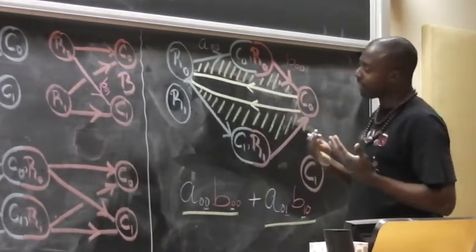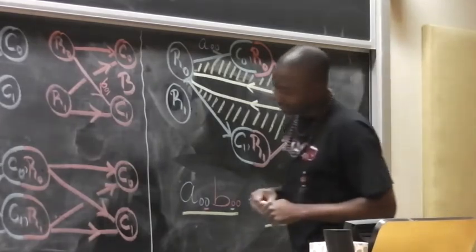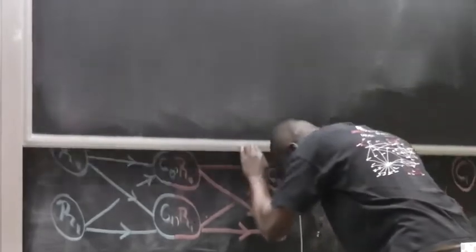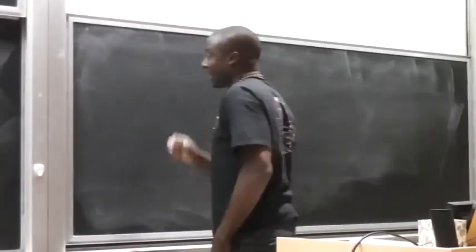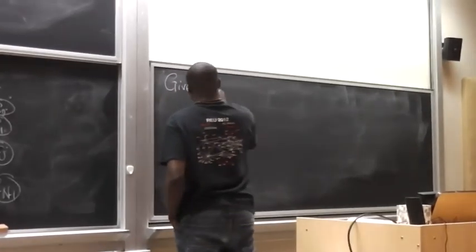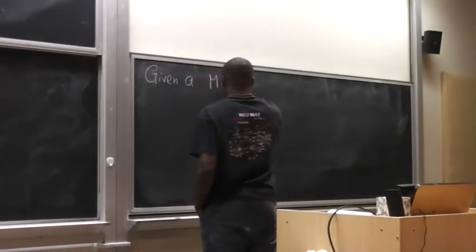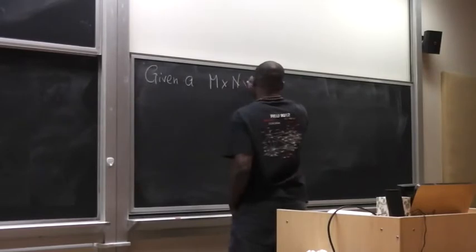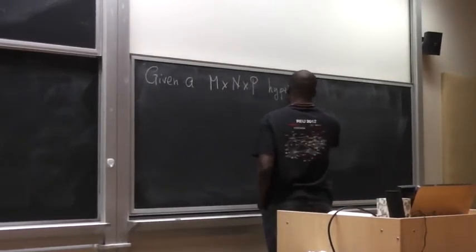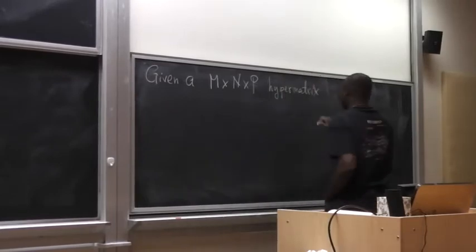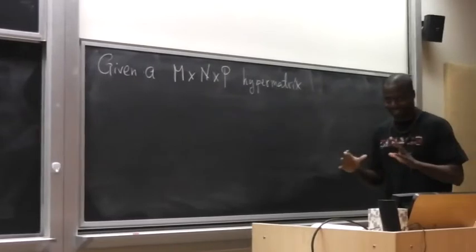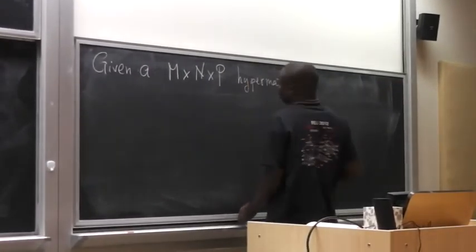So if we wanted to define a Koenig directed graph for a hypermatrix, here's what we would do. Given an M by N by P hypermatrix. And what I mean by hypermatrix is essentially this block of cube that you have, a 3-dimensional array of numbers.